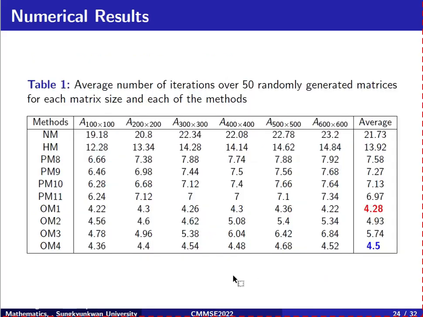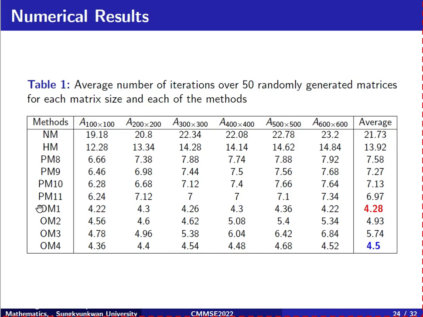Here are the results of the average number of iterations over 50 randomly generated matrices for each matrix size and each of these methods.